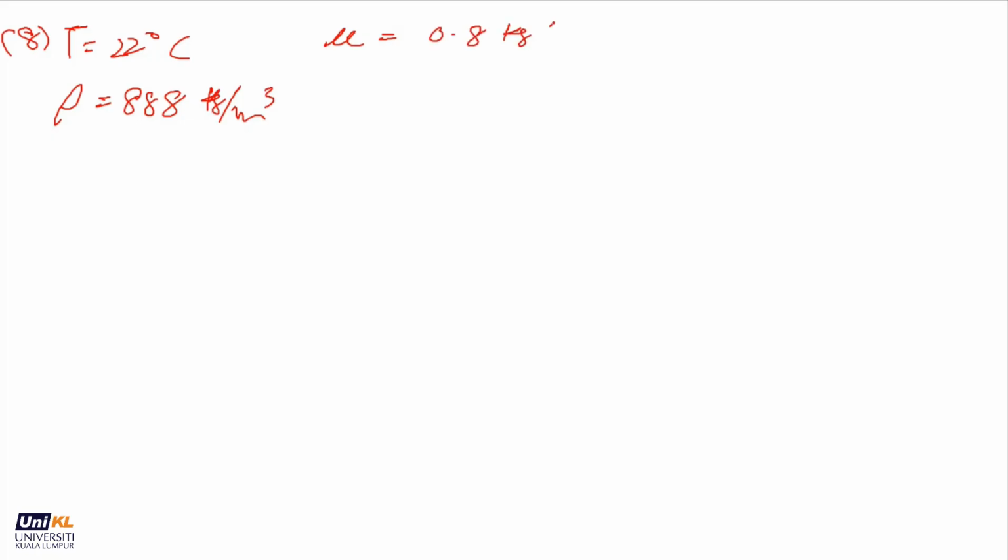Okay, number 8. Oil density 888 kilogram per meter cube, viscosity 0.8, D 5 centimeter, 40 meter long.